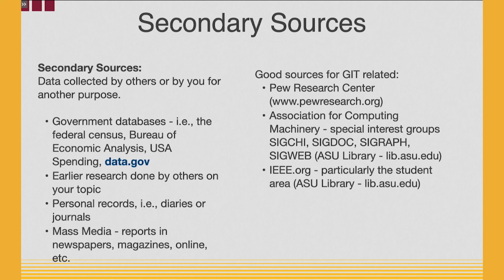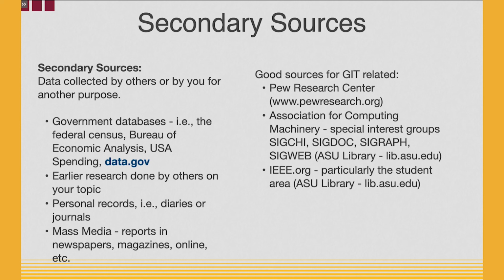You might get data that was gathered in previous research studies on a topic similar to the topic that you're researching. You might get data from personal records, people's diaries, their journals, that kind of thing. From mass media, such as newspapers or magazines.